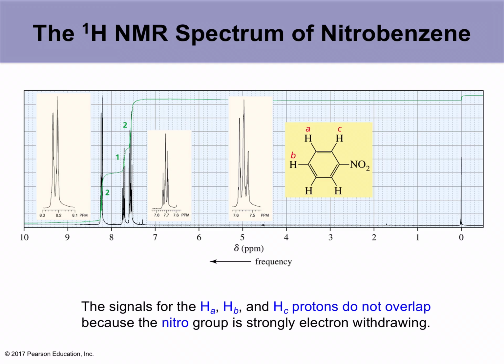The signals for HA, HB and HC protons do not overlap like the previous one because the nitro group is strongly electron withdrawing, and due to that they have different chemical shifts and we can separate them.